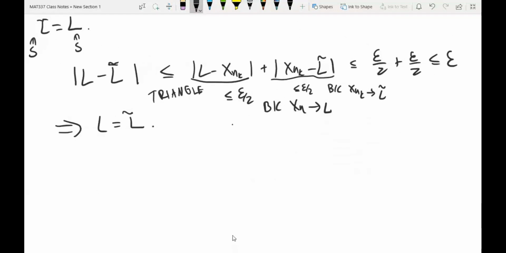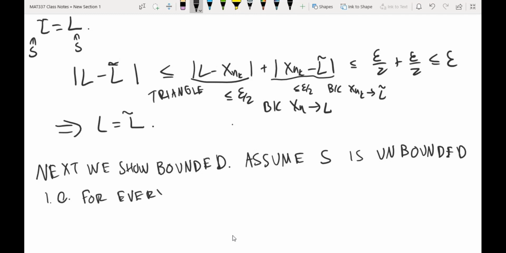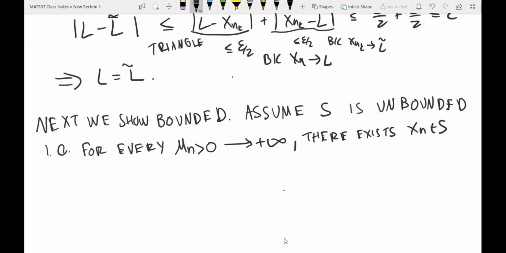Now we show bounded. So we'll do this by contradiction, meaning assume S is unbounded, i.e. you give me any sequence of constants m_n going to plus infinity, there exists some element x_n in S such that x_n is bigger than m_n.